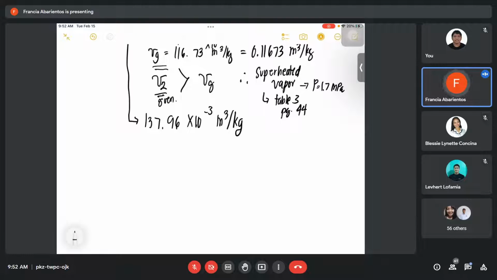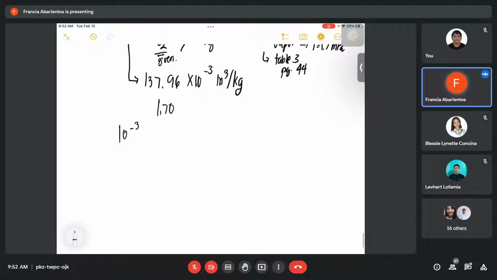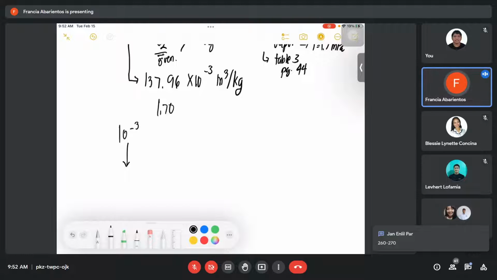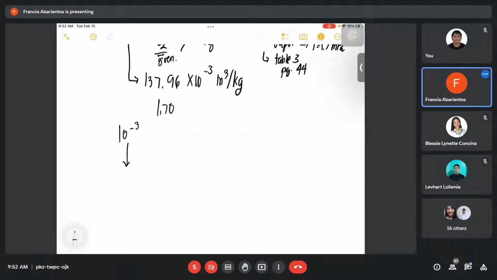Doon sa table 3, makikita nyo sa taas si 1.7 at yung 10 to the negative 3. Hanapin nyo, class, si values na nagpo-fall sa 137. Ang magiging guide natin is si 137.96. Okay? Dito sa table na to.